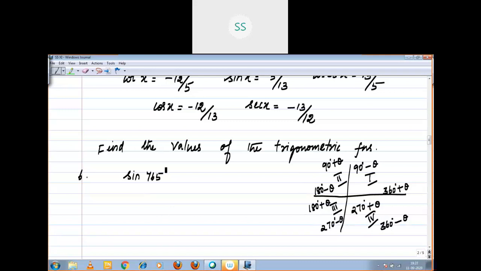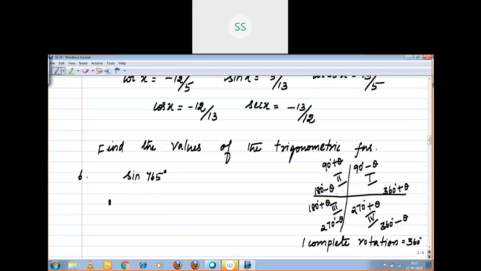Sin 765. How many complete rotations are over? One complete rotation is equal to 360 degree.